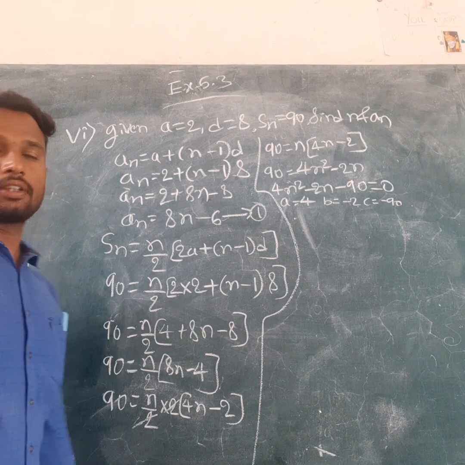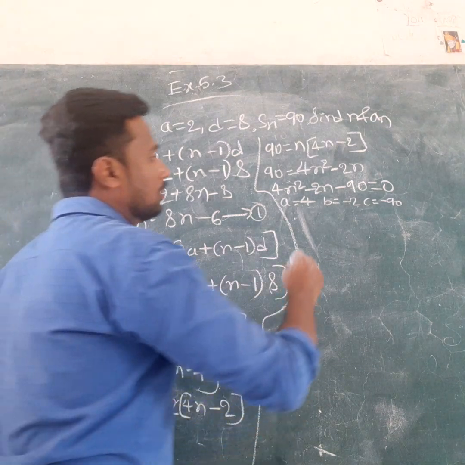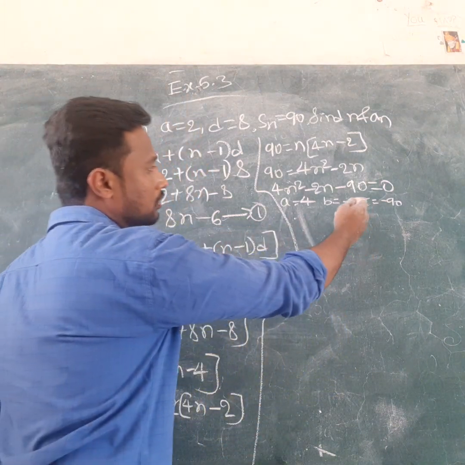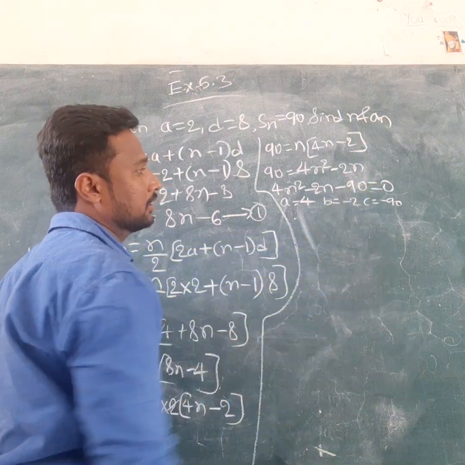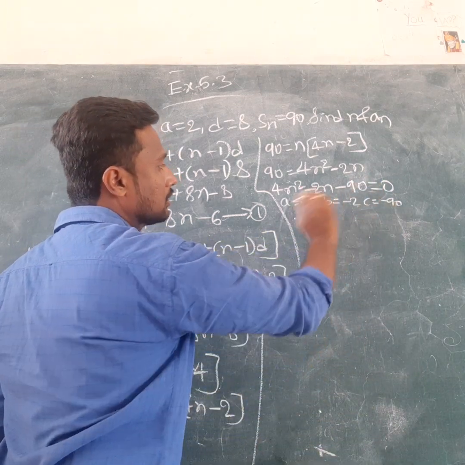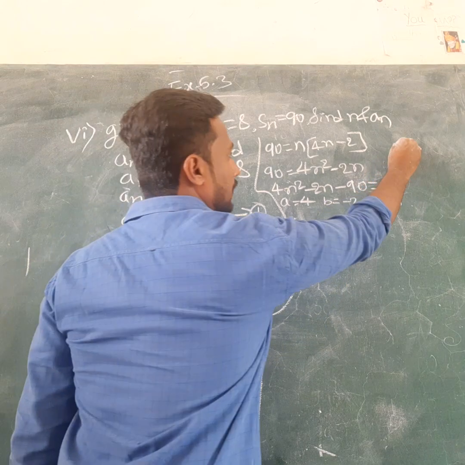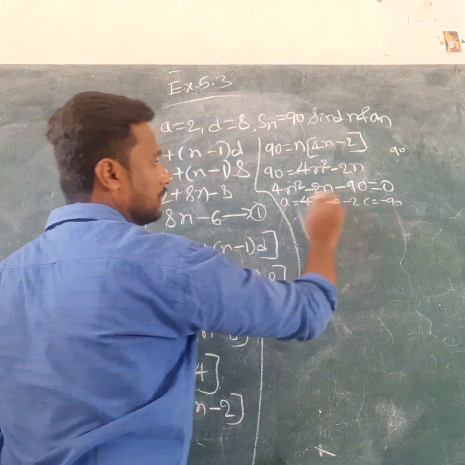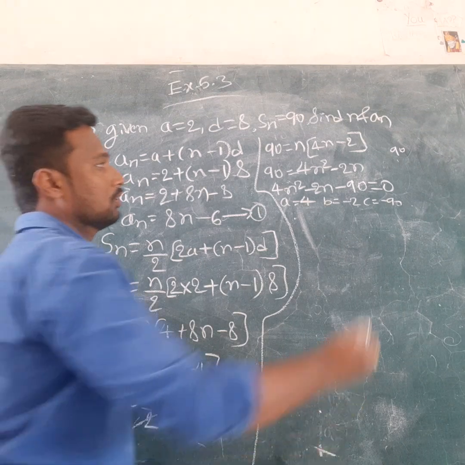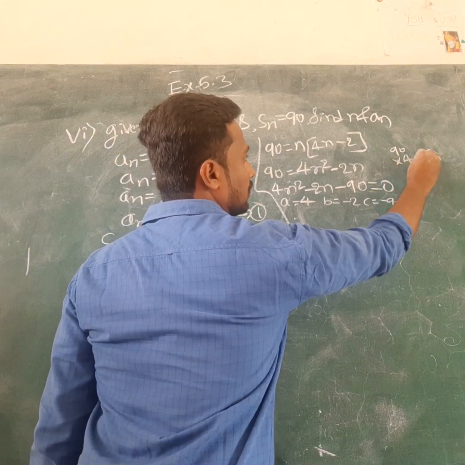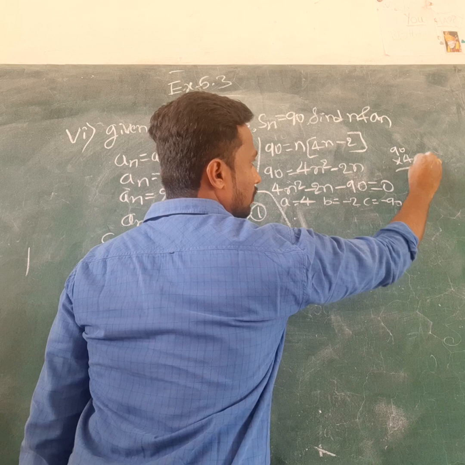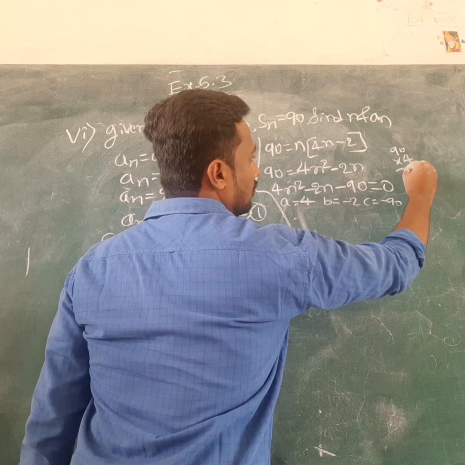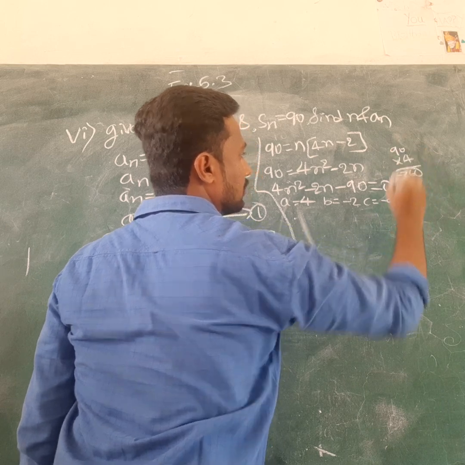Okay. So to solve this quadratic equation, I have to make factorization. So a into c, what is the answer? A into c means minus 90 into 4. 4 zeros are 0, 4 nines are 36. So minus 360.